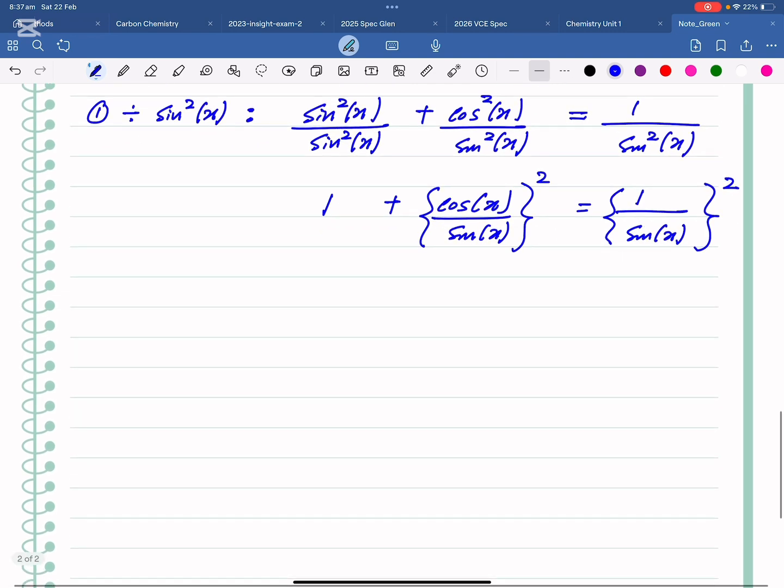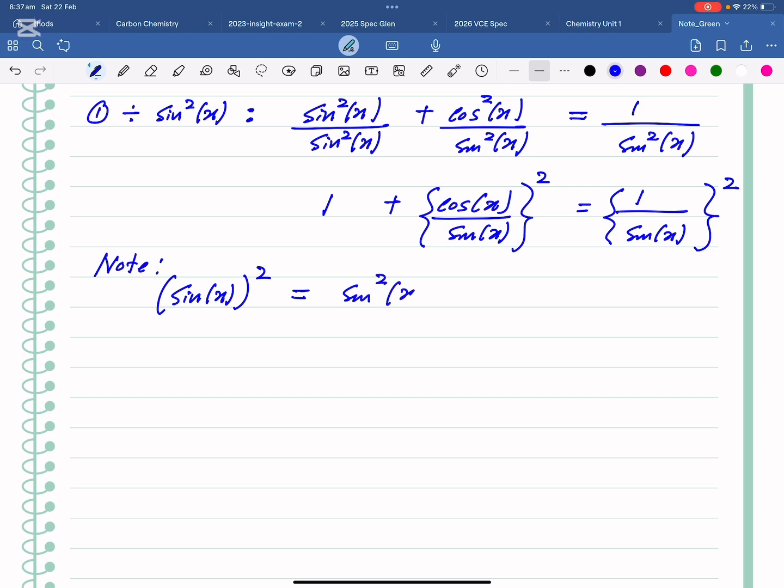So note, sine x, the whole thing raised to the power 2, is equal to this. That is the notation.